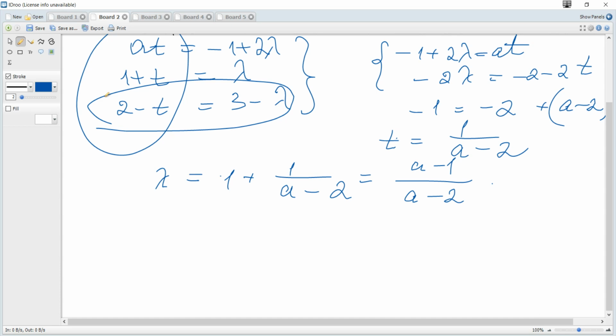Coordinates of a vector are coordinates of the endpoint minus coordinates of the starting point. But if we consider the position vector, the starting point is the origin 0, 0, 0, and x, y, z are also coordinates of the point.